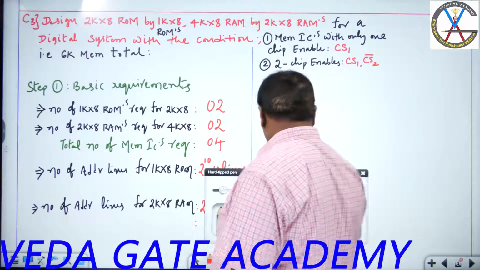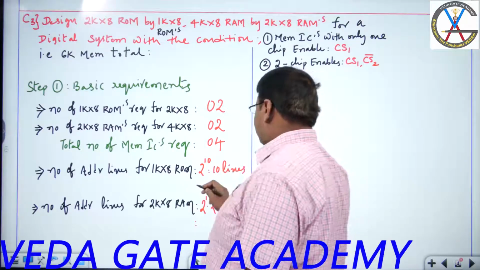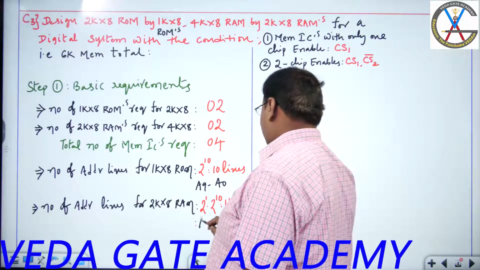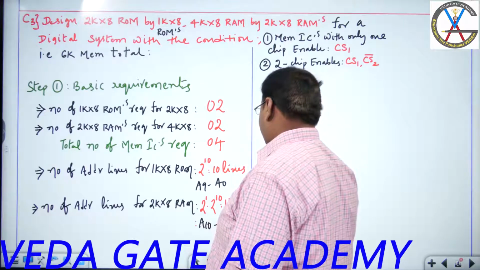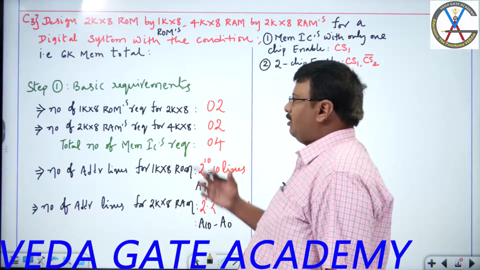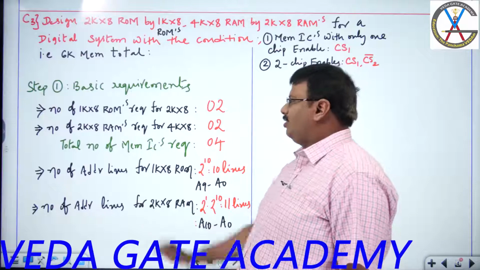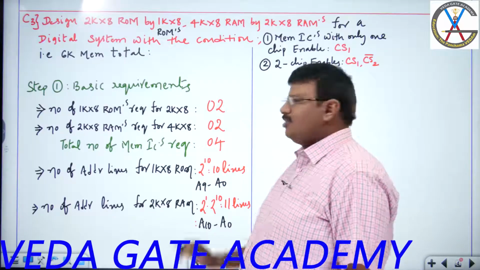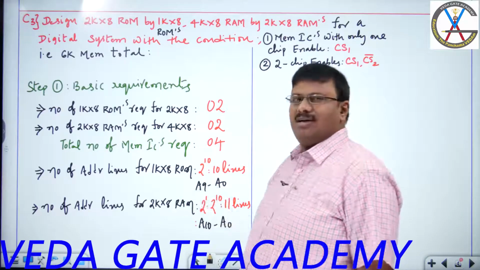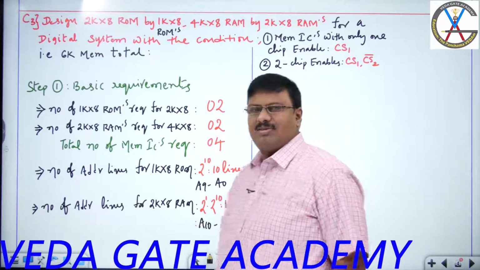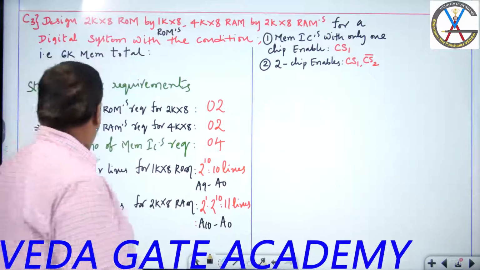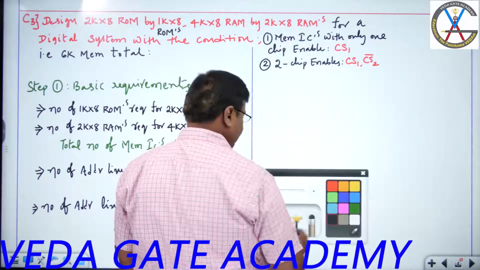Notations, please. 10 lines are from A0 to A9. Correct? 11 lines are from A0 to A10. Till here, are you clear? 2 1Ks for 2K, 2 2Ks for 4K, totally 4 memory ICs, address lines for 1K 10, address lines for 2K 11. Out of which 0 to 9 are the common lines. Next, immediate step.